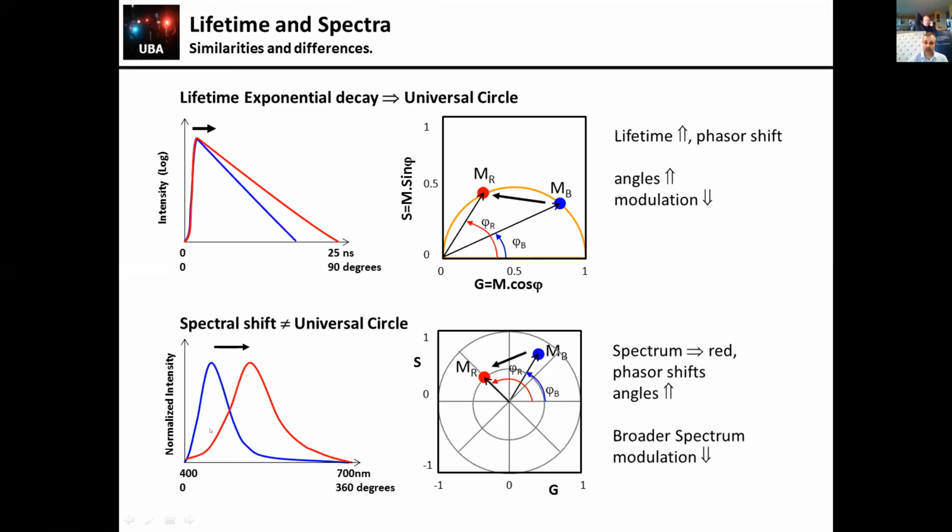If the spectrum moves, this will produce a shift in the spectral position and a change in modulation and phase. So in some way, they are very similar. The big difference is that we don't have a universal circle. The universal circle is this one, but it doesn't have the meaning that we have here. But still, all the properties that we have learned from the lifetime phasor will work in the spectral phasor.